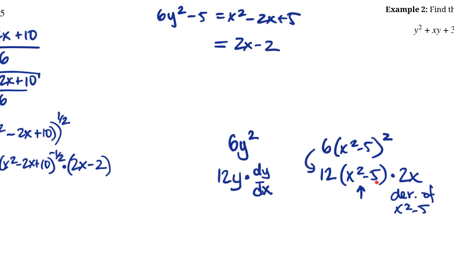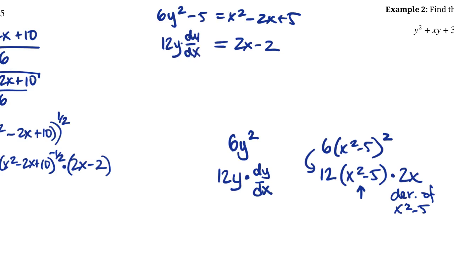Think about it this way. This is exactly the same as this. If y was x to the power of 2 minus 5, we'd have the 12y times the derivative of it. Now, can we just use this for the derivative of this? We can. We can plug it directly in there. So we would get 12y times dy by dx.